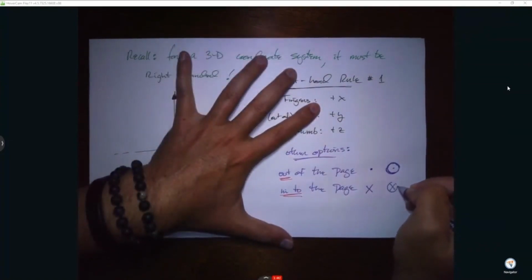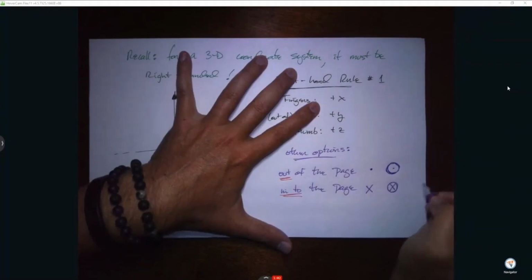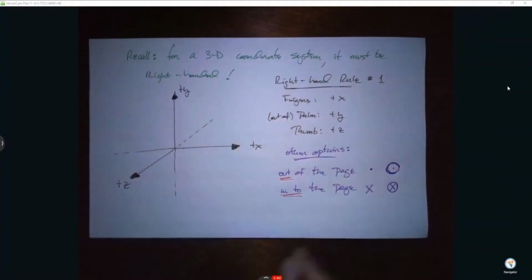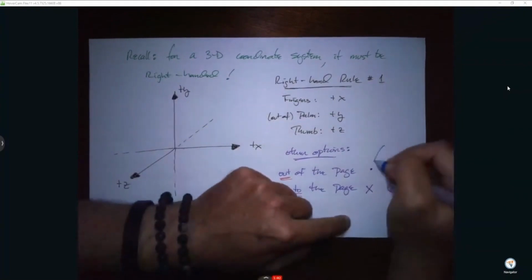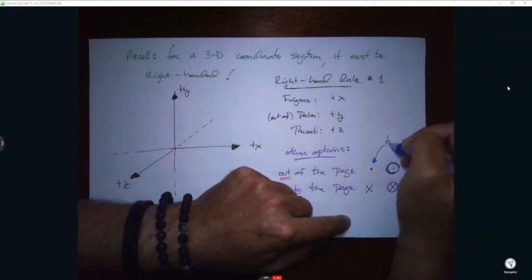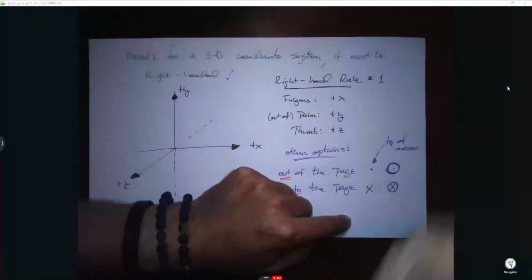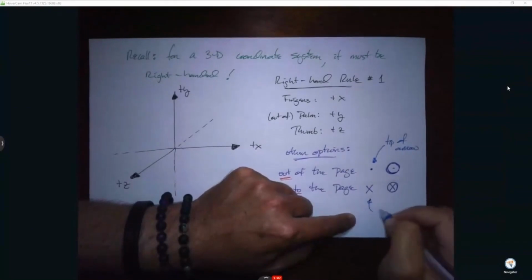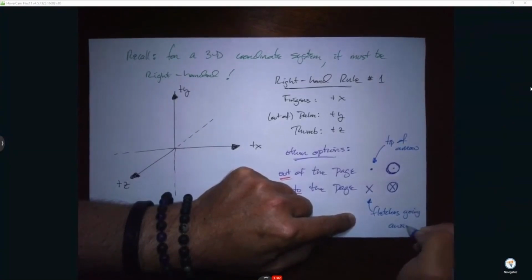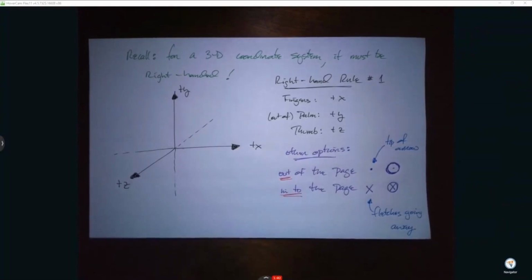So it's either an X or an X in a circle. Again, the dot is the tip of the arrow heading towards you, coming out of the page, and the X is the fletches or feathers, going away, okay?